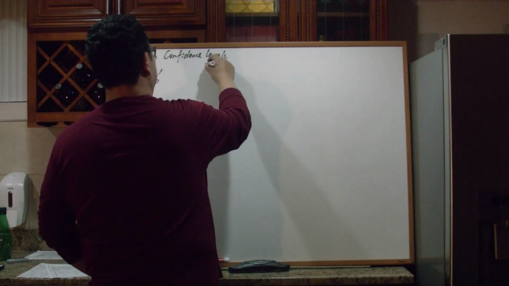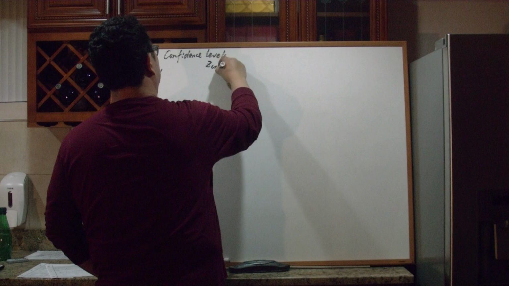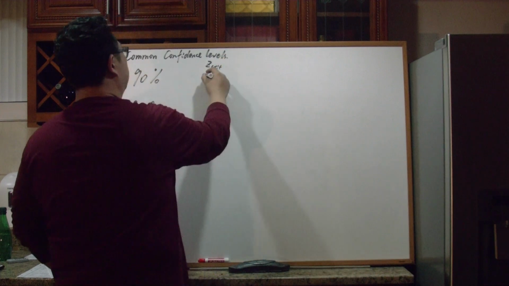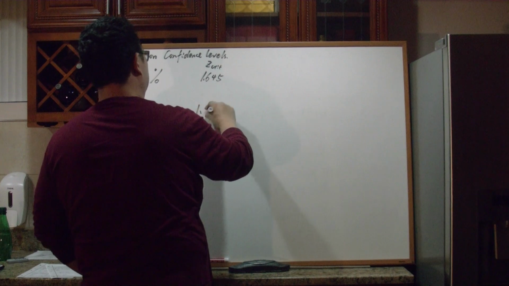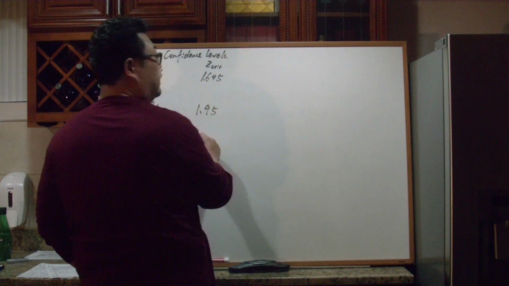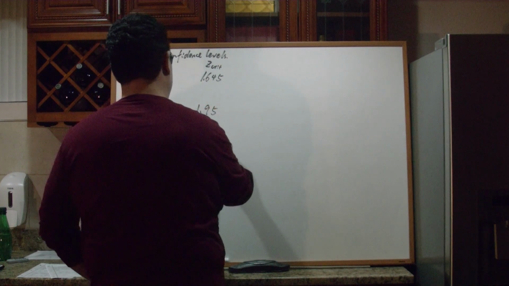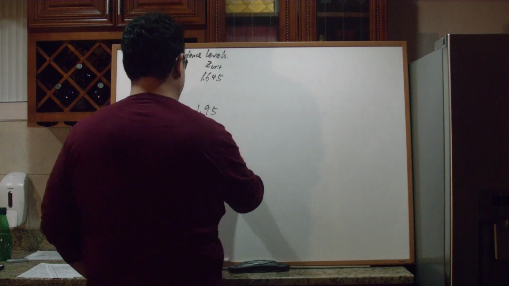For the critical z-score, for 90% it's 1.645, 95% is 1.96, and 99% is 2.58.